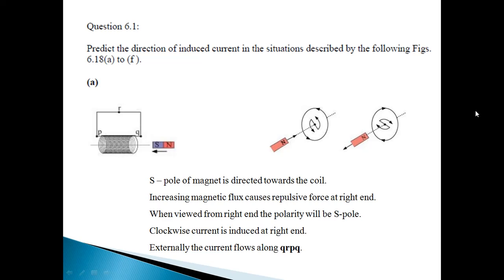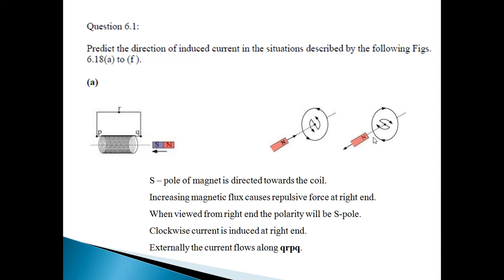And if north pole is directed away from the coil, then it produces a decrease in magnetic flux and therefore attractive force occurs at the coil, and therefore a south pole is induced in the coil which will give rise to a clockwise current.